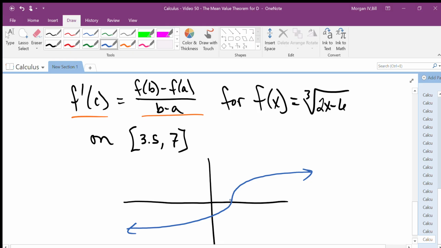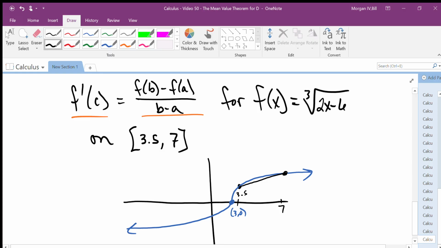So here we have the point (3, 0). We're only looking at the interval from 3.5 to 7, from here to here. That is the average slope, the slope of that black line.